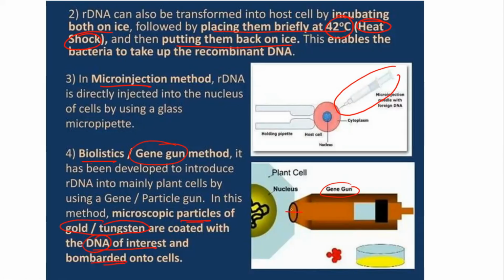So the gene of interest directly enters the cell's nucleus. Remember, it is the gold and tungsten microscopic particles coated with the DNA.